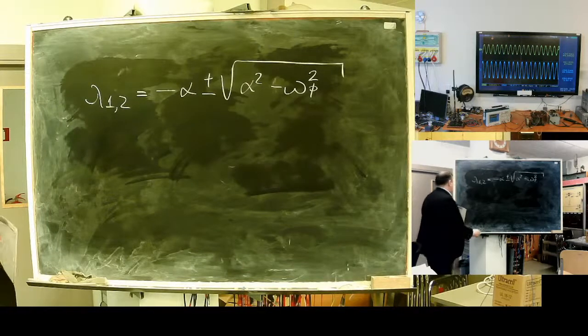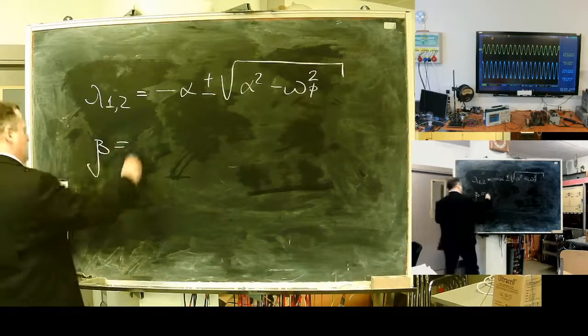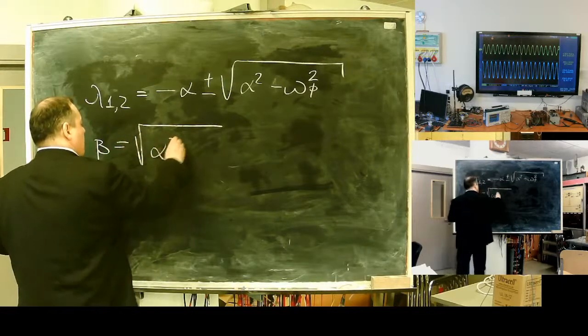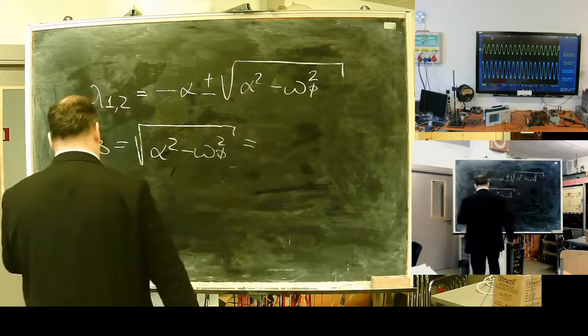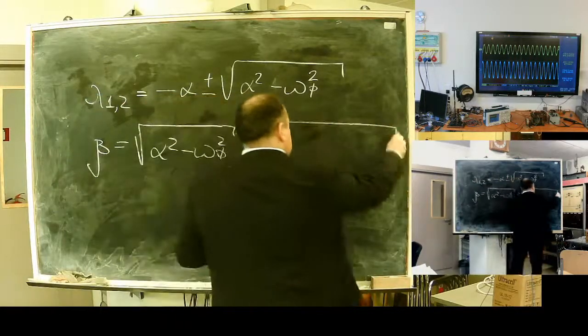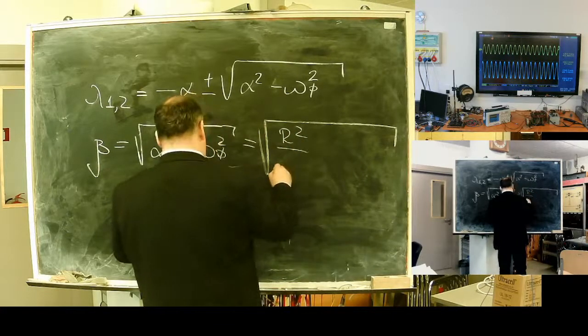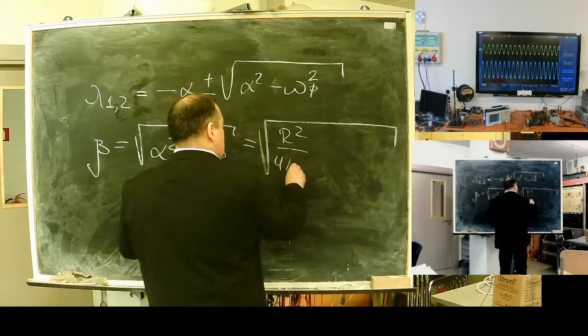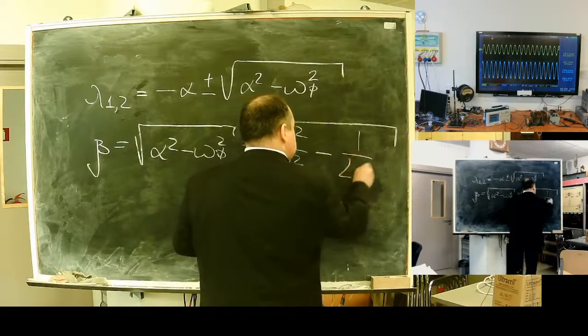To make notation easy, we can introduce a beta being the square root of alpha squared minus omega 0 squared, or in other words the square root of resistance squared over quadruple inductance squared minus 1 over LC.